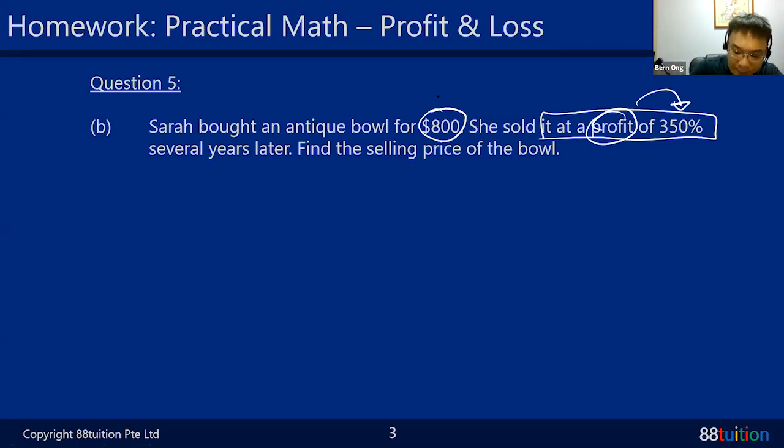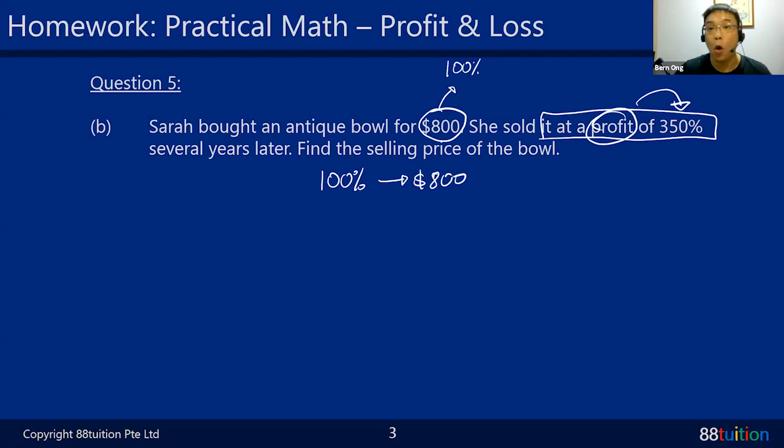In the beginning, $800 represents the cost of the bowl. The cost is usually 100%. So 100% represents $800. Find 1% first. Divide by 100. 800 divided by 100 is $8.